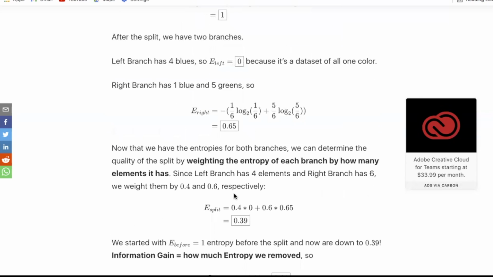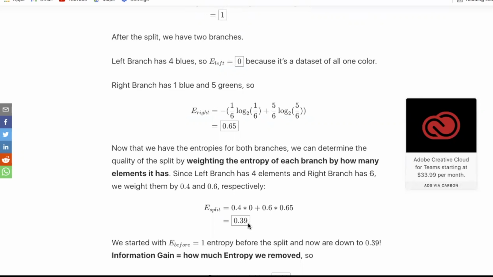Now, in the left data set there were only 4 balls, which means 40% or 0.4. So 0.4 into 0 plus 0.6 into 0.65, and we are getting the resultant information entropy of 0.39.